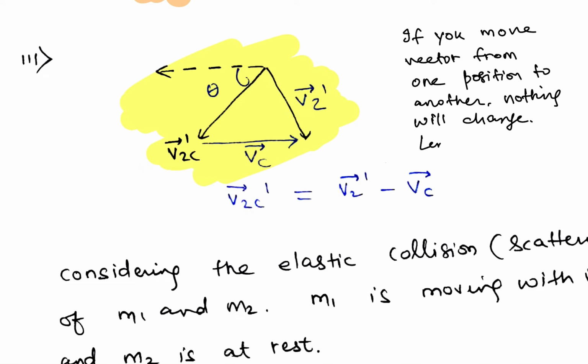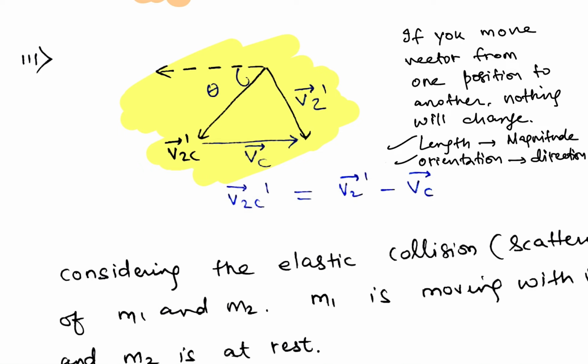One is length and another is orientation, that is, in which way it is pointing, because we know vectors have magnitude as well as direction. So length is for magnitude and orientation is for direction. So if you preserve both and then move it, it won't create any chaos.